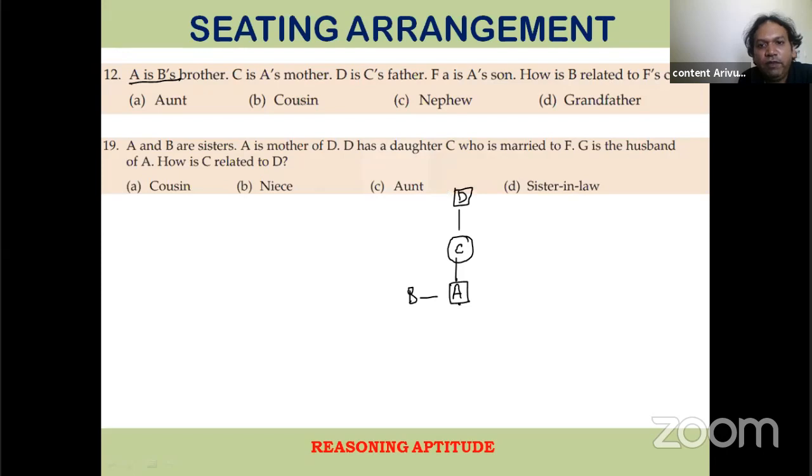F is A's son. How is B related to F's child? If F has a child, let's say X, then there are two generations here, one and two. So grandparents or grandfather. I'm just going by the answer options, because we don't know the gender of B. That's question number 12.